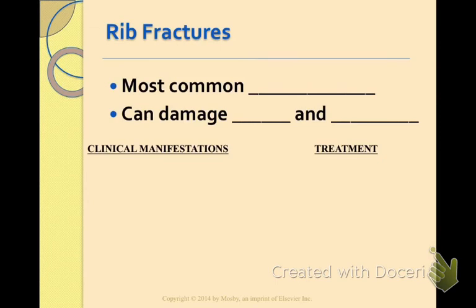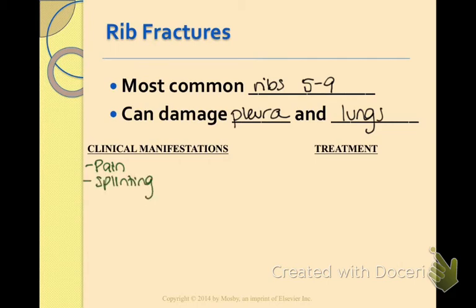All right, rib fractures. Most common is ribs 5 through 9, and it can damage the pleura and the lungs. Clinical manifestations: pain, obviously, splinting, shallow respirations, atelectasis, pneumonia. And how do we treat?